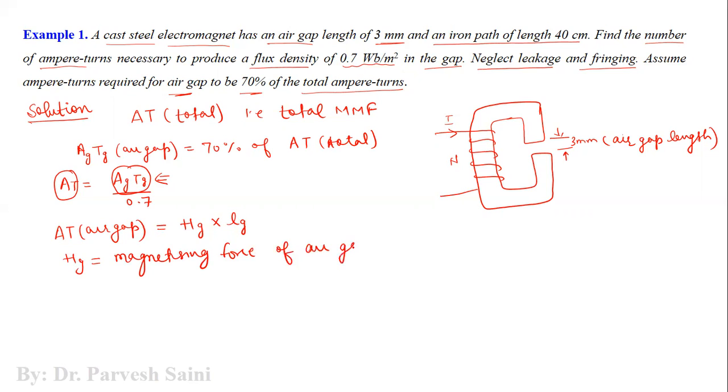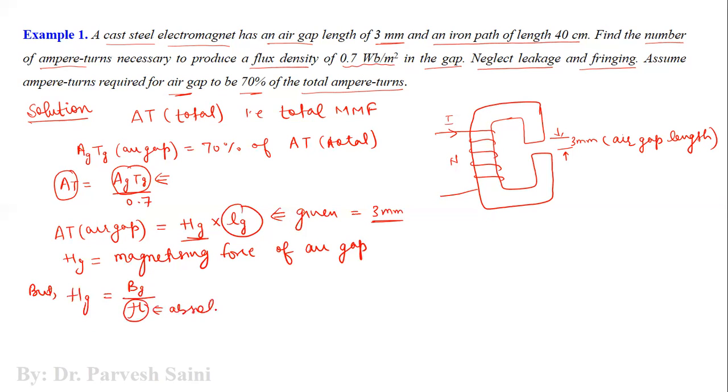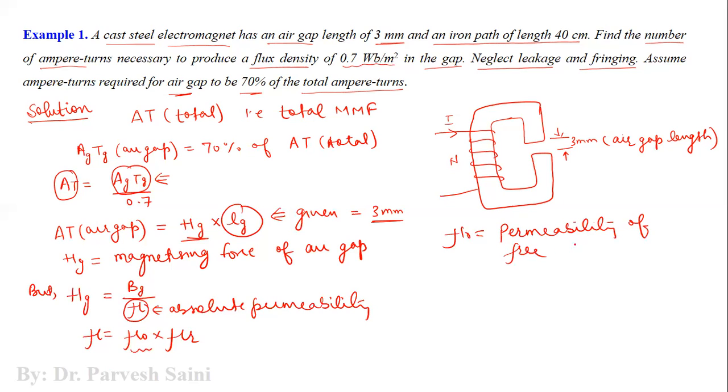Now to find out Hg, because Lg is given, which is equal to 3 mm, Hg is equal to the flux density of the air gap divided by the absolute permeability, mu. But mu is equal to mu naught into mu r, where mu naught is the permeability of free space or air, which is equal to 4 pi into 10 raised to the power minus 7 Henry per meter, and mu r is the relative permeability.